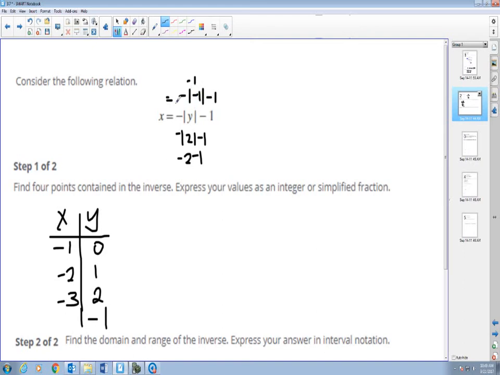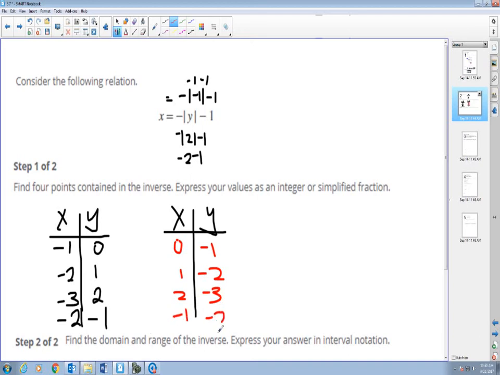The negative sign in front is still there, minus 1. My x value is -2. Interesting. So find 4 points contained in the inverse. For the inverse, I will just interchange my x and y coordinates. Swap these two: (2, -3) and (-1, -2).